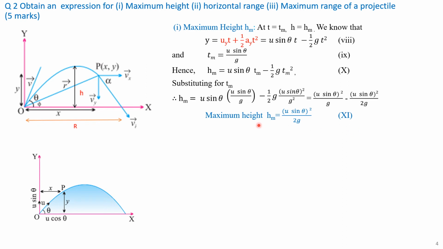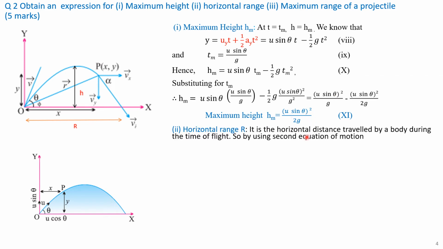Subtracting, we get u sin theta whole square by 2g. That is the equation required. My expression for maximum height Hm is u sin theta whole square by 2g. Let it be equation 11.